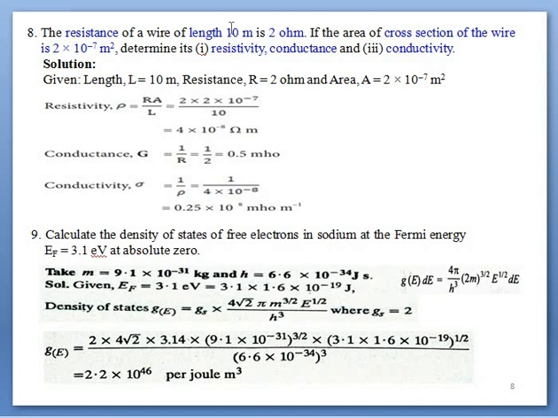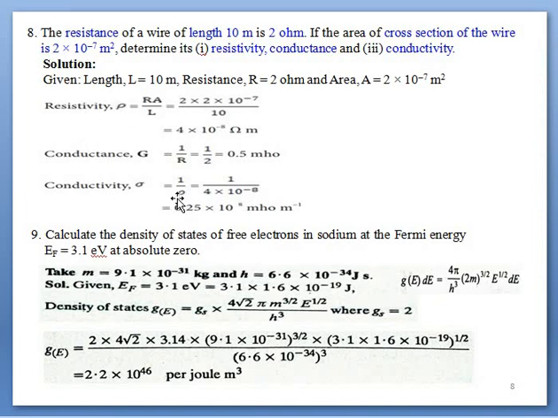Length is given. So by substituting all this, we have resistivity in ohm meter, and conductance is the reciprocal of resistance, because of 1/2 ohm inverse, or in terms of Siemens. Conductivity is equal to 1 by rho, so rho is calculated first.